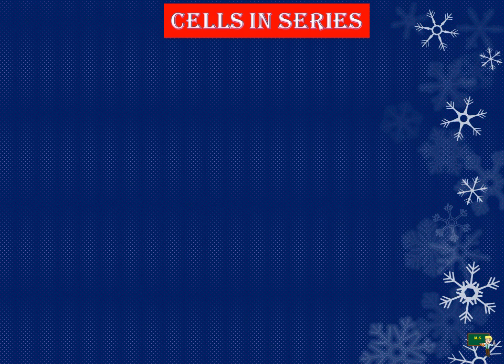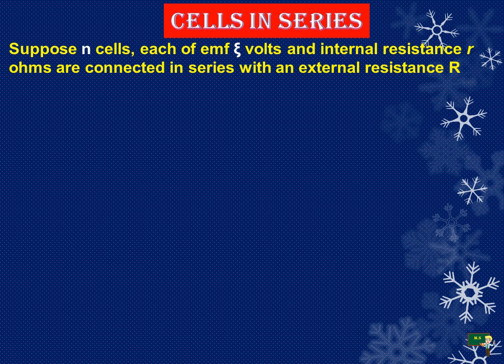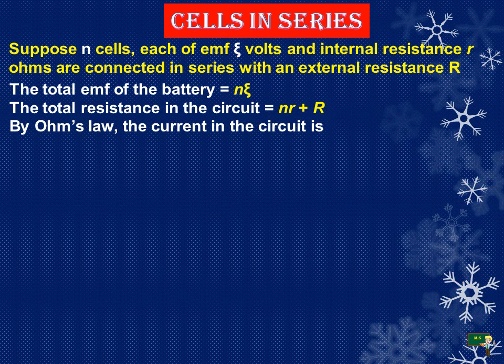Cells in series. Several cells can be connected to form a battery. In series connection, as we saw in resistors and conductors in series, the negative terminal of one cell is connected to the positive terminal of the second cell.